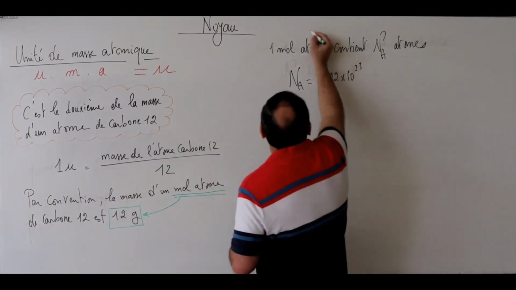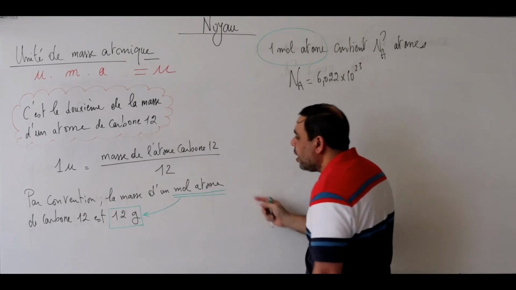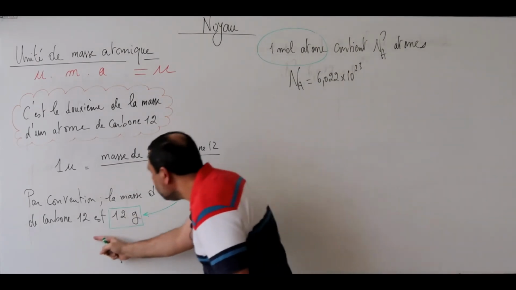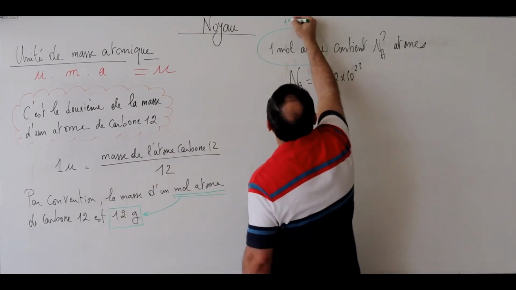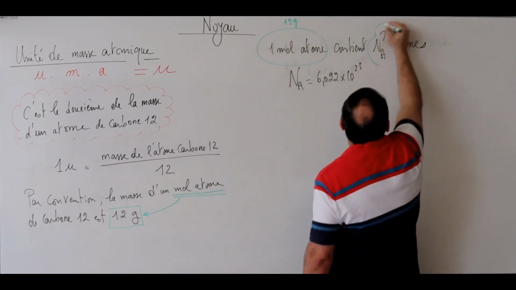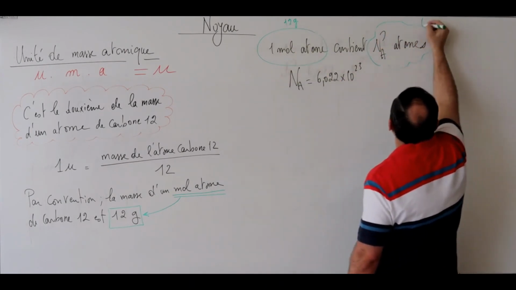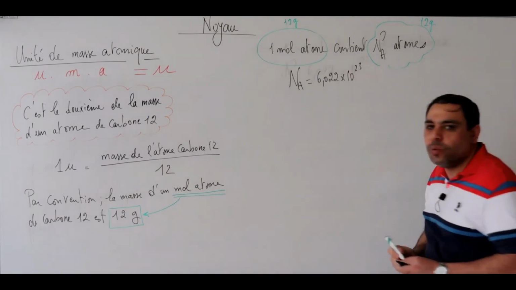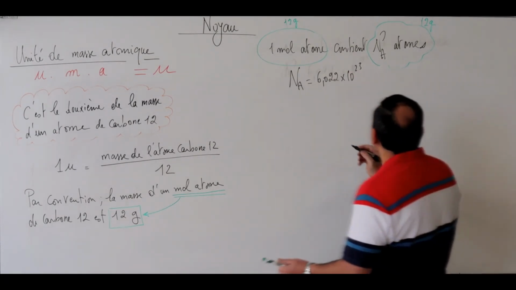Each mole of carbon-12 atoms has a mass of 12 grams. So Na atoms of carbon-12 have a mass of 12 grams.